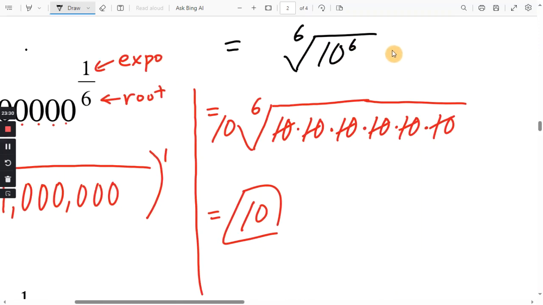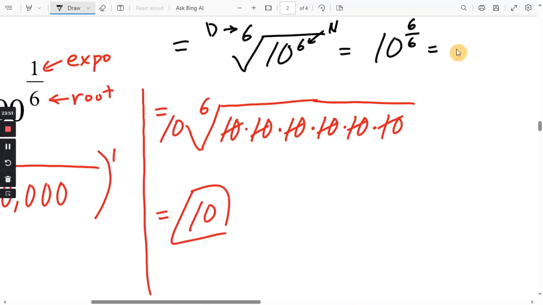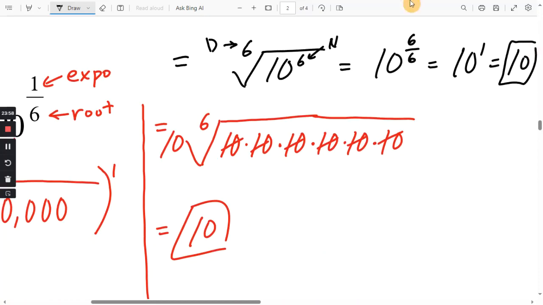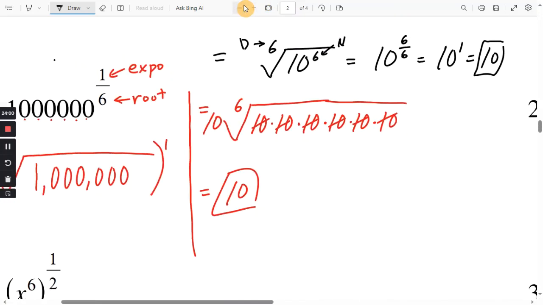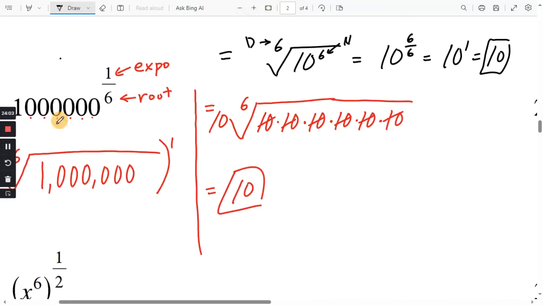If you took this apart, remember the exponent is the numerator and the root is the denominator. So the exponent on the 10 would be 6 over 6. And we know that 6 over 6 is just 1, and 10 to the first power is just 10. So there's basically two ways to look at that problem.